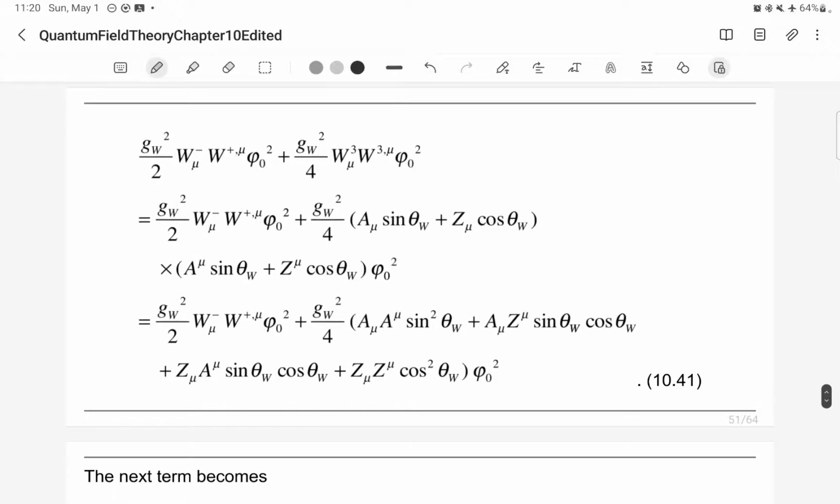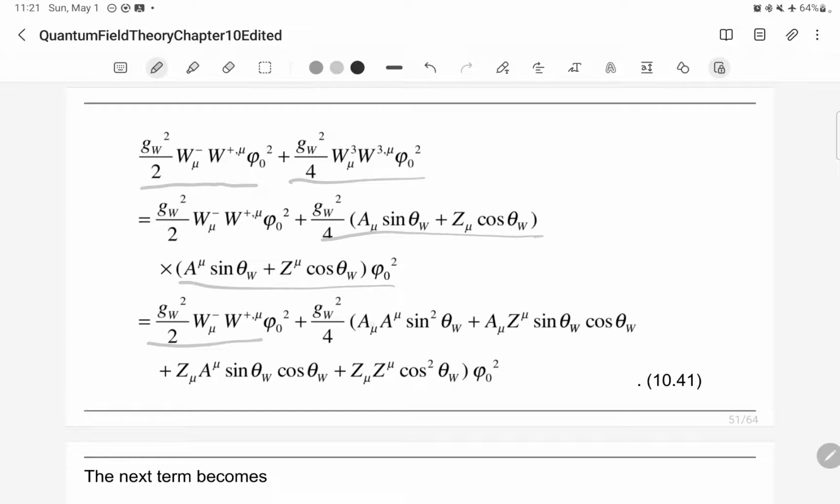If we put all the terms together, we have this one, and of course this one will be given by this here, and of course that one, the W mu 3. And then if we expand, we will have how many terms?